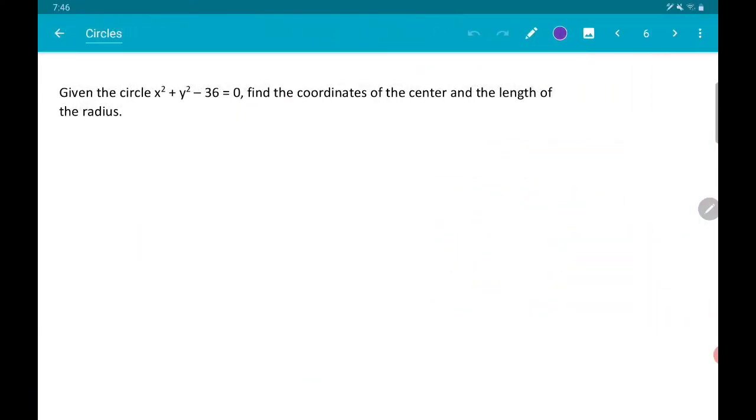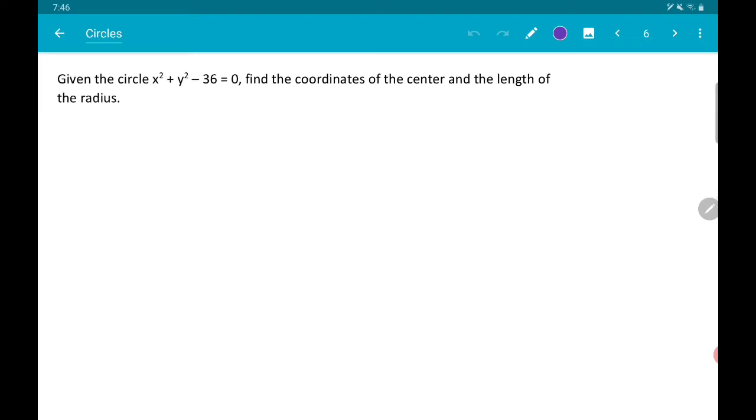Given the circle x squared plus y squared minus 36 is equal to 0, find the coordinates of the center and the length of the radius. First of all, we are given an equation.